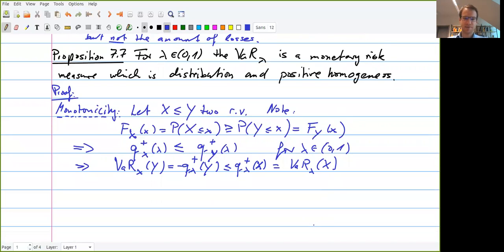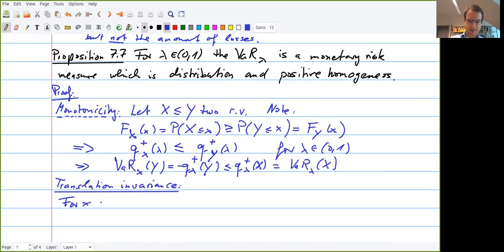That was easy, just keeping in mind that we always need to swap the signs in the right way if we go from the distribution function to its inverse. The second property we wanted to show is translation invariance. Right. So what do we have here?